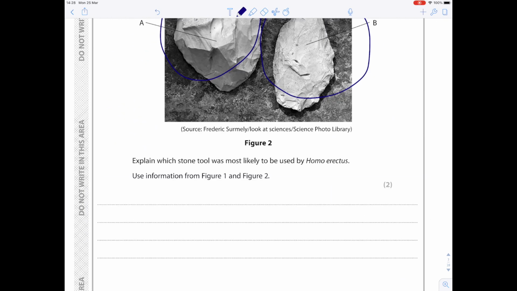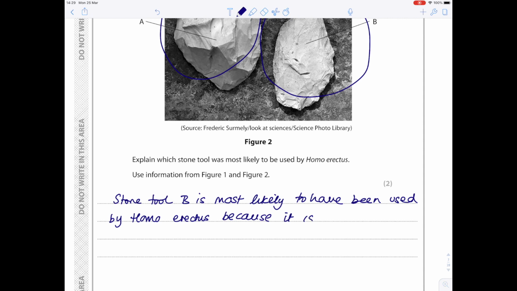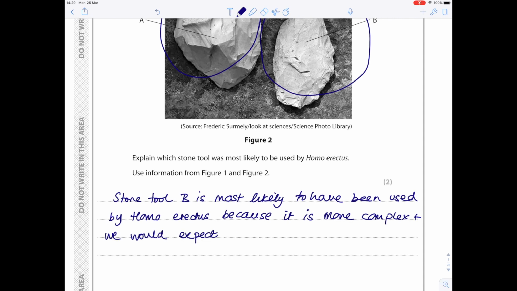So start by saying that you think it is stone tool B that is most likely to have been used by Homo erectus because it is more complex and we would expect Homo erectus to have larger brains due to their living far more recently.